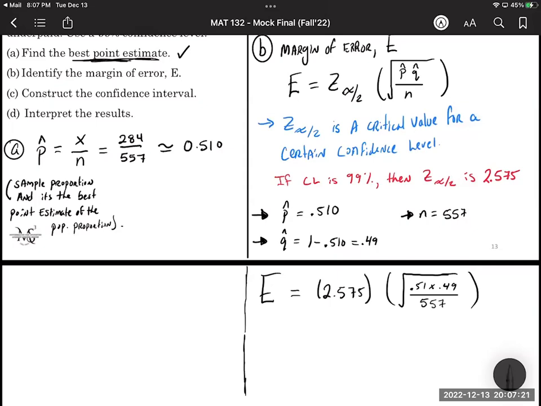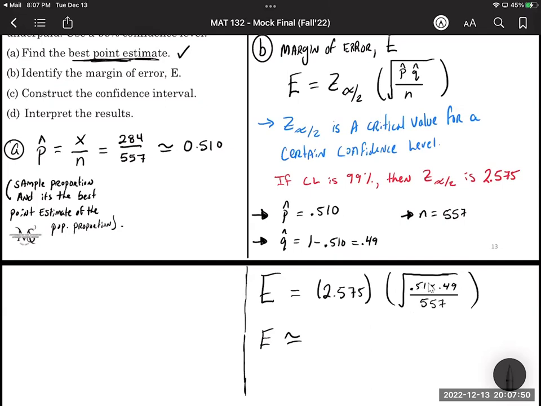I recommend that after today's meeting, you practice this part: finding the square root of this value, and then multiplying it by 2.575. When you get the value of E, you can round it to 3 decimal places. So try it out. Take the square root of 0.51 times 0.49 divided by 557 first.